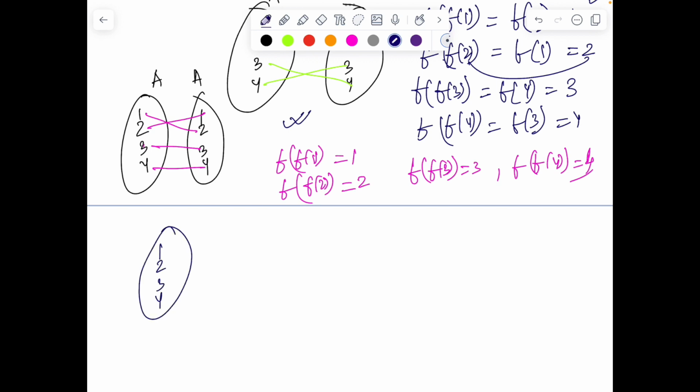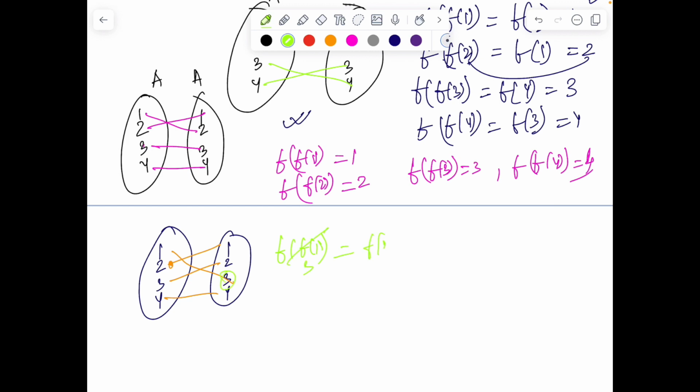So now you have recognized what's happening. Okay, let's also consider, suppose instead of this, I map 1 with 3 and 2 with 1, 3 with 2 and 4 with 4. So is this a valid combination?